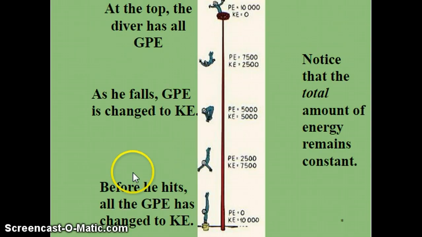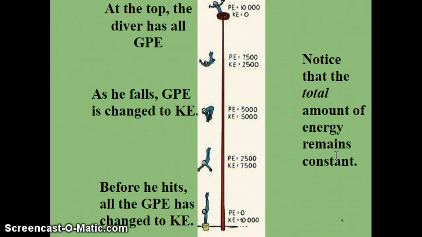An example of that here is an object in free fall. So if you were to have an object at a really high height, in this case, the object has a potential energy of 10,000 joules, starts out at a speed of 0, so its kinetic is nothing. As the object falls and the height decreases, notice the potential energy drops, but as the object falls, it's picking up speed.